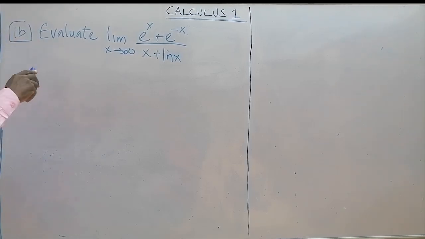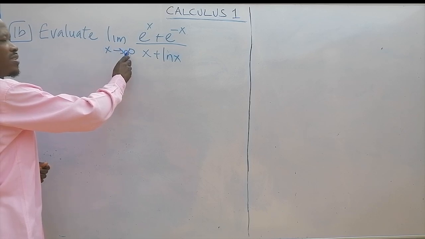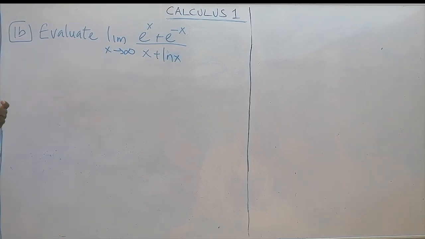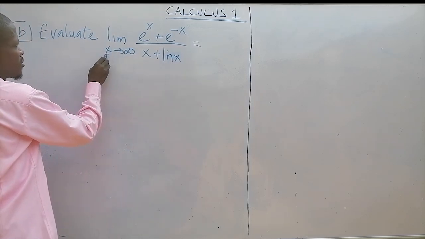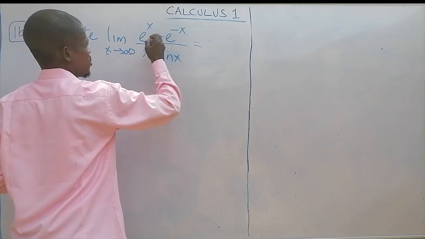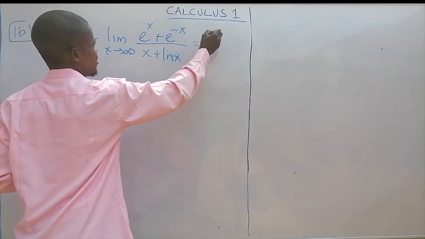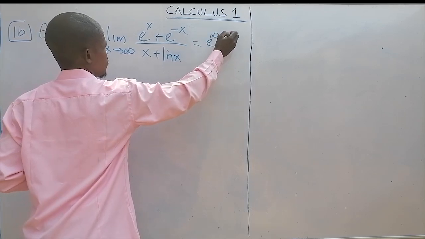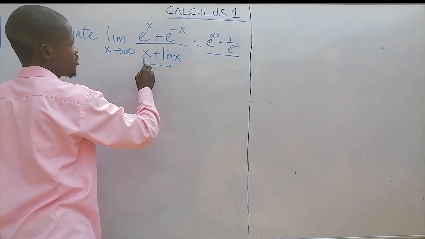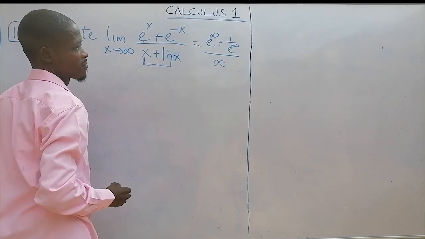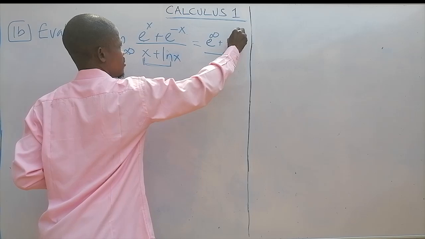Evaluate the limit as x tends to infinity. What we're going to do is direct substitution. Whenever you see x, put infinity there. This will be e to the power infinity plus 1 over e to the power infinity. This gives you infinity, and this one gives you 0.